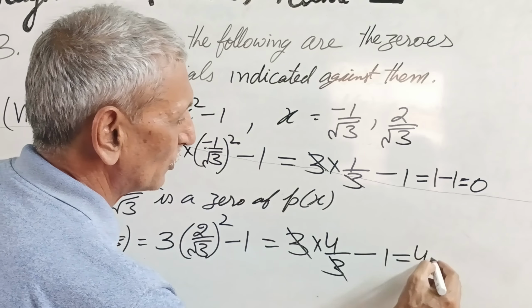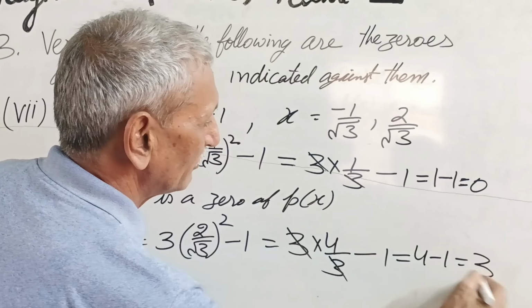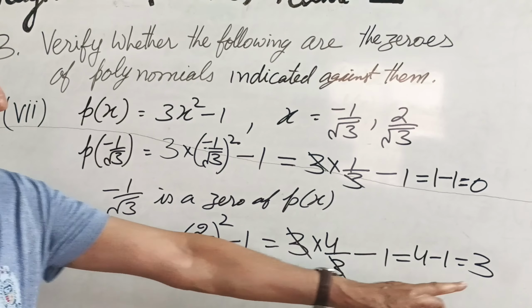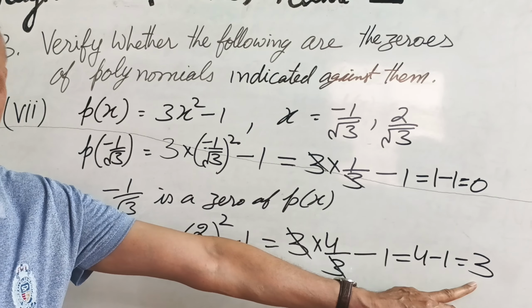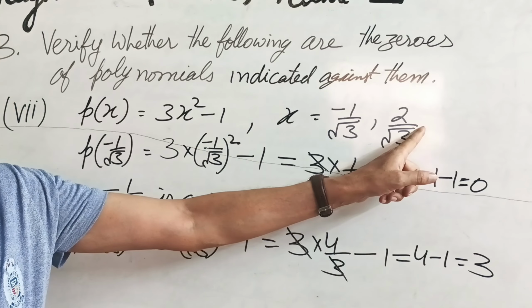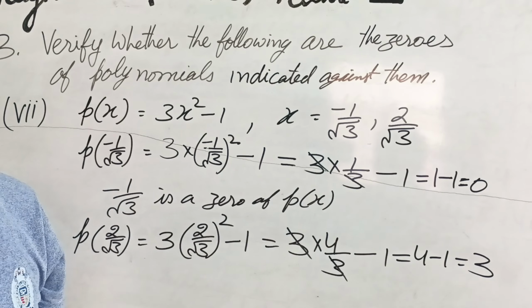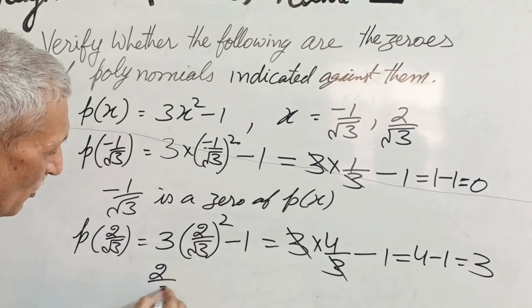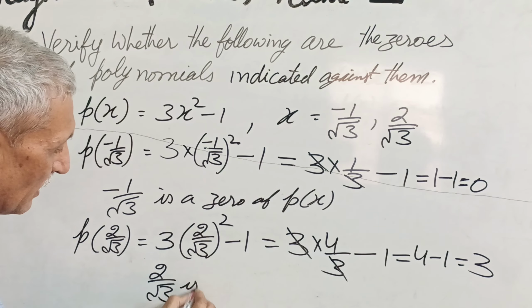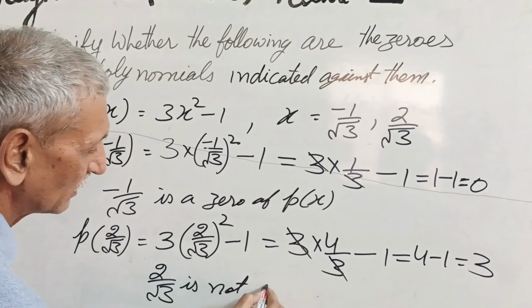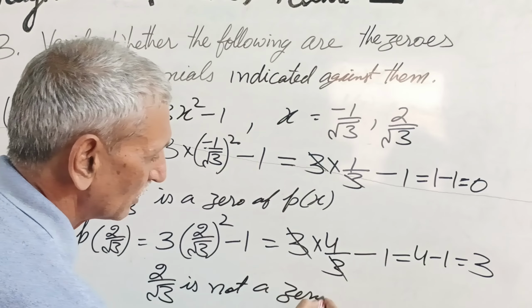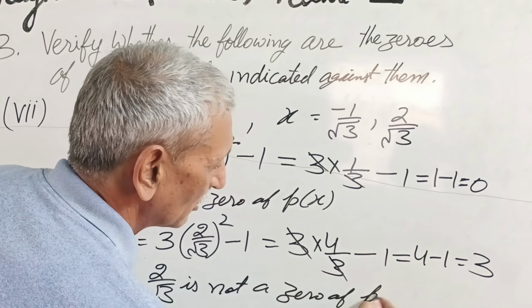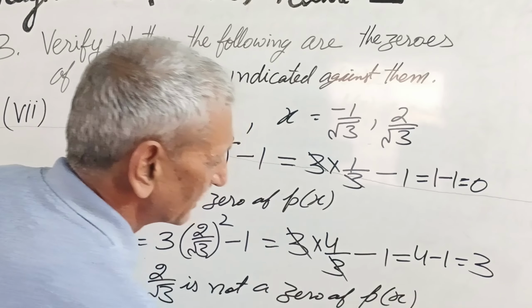This will give you 4 minus 1. That will give you 3. So we do not get 0 here. Therefore, 2 upon root 3 is not a 0 of the polynomial. Right, friends?